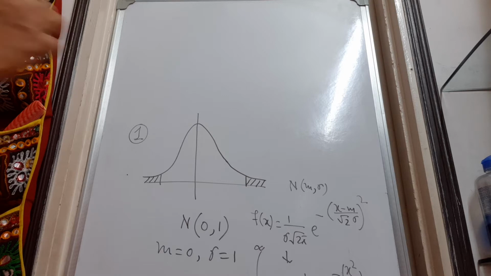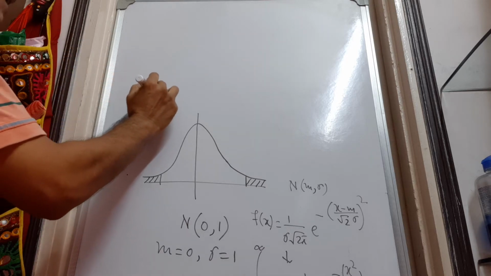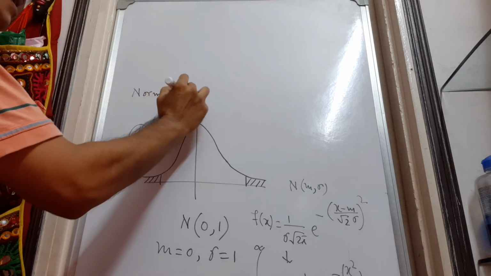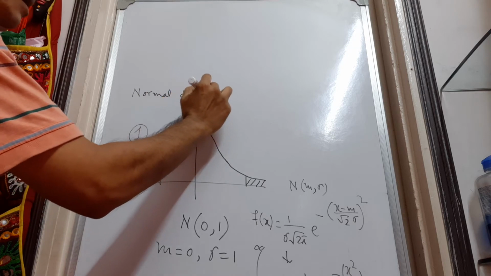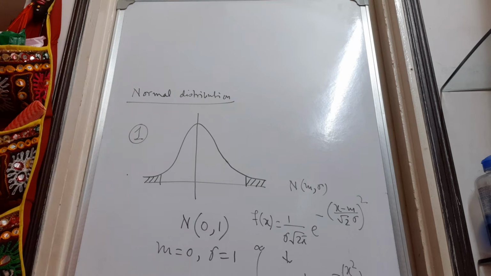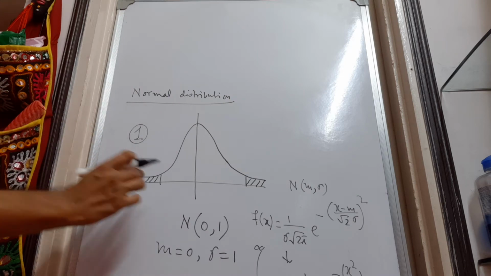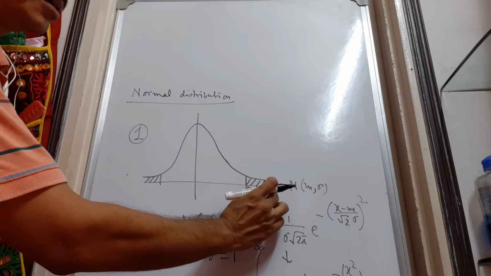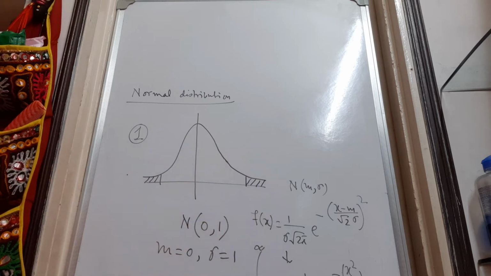There is a table of area for the normal distribution curve, and we can estimate the area under this shaded portion from that table.